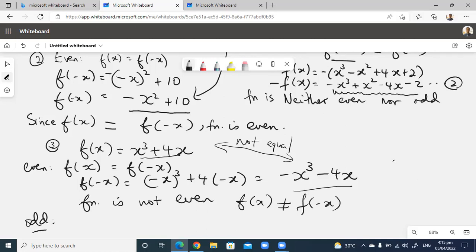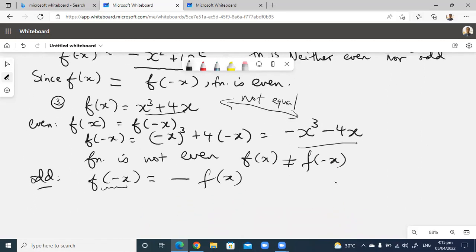It's odd if f of minus x is minus times f of x. I already have f of minus x. What's minus times f of x now? Let's see. Minus times f of x is equal to minus times x cubed plus 4x, which is equal to minus x cubed minus 4x.